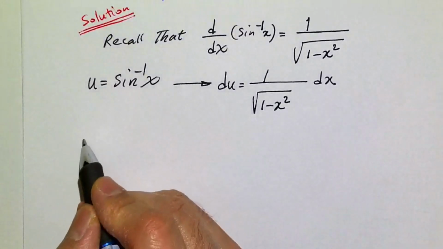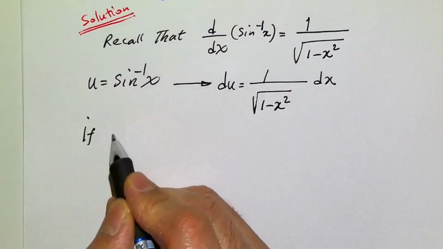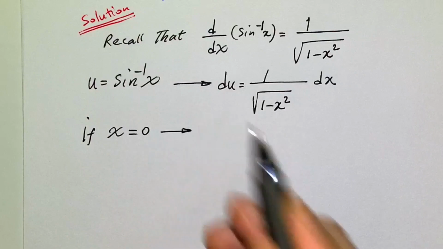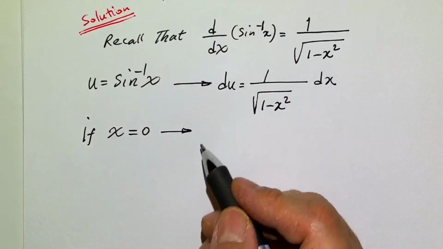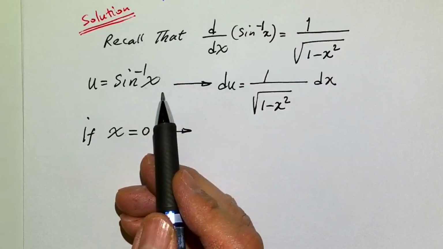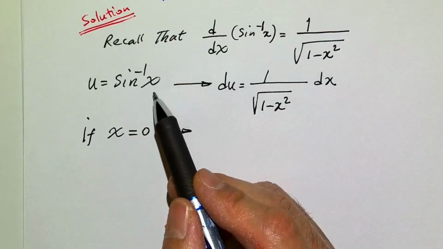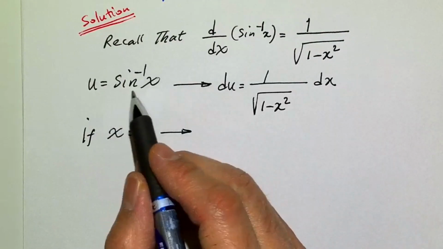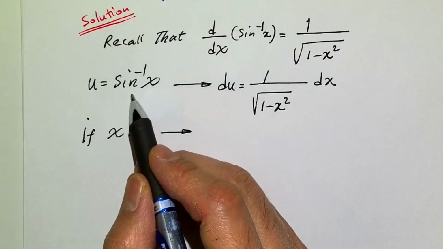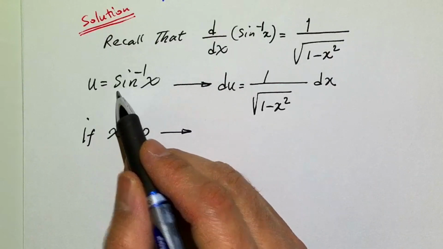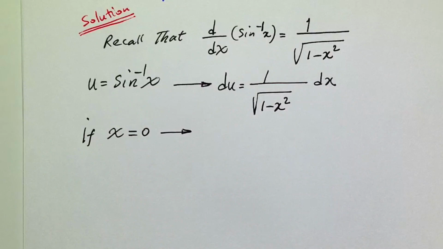So if x is equal to 0, which is the lower limit for dx, then substitute it here, what do you get? What angle has sine equal to 0? Because from basic trigonometry, we know that the inverse trigonometric function is always an angle.